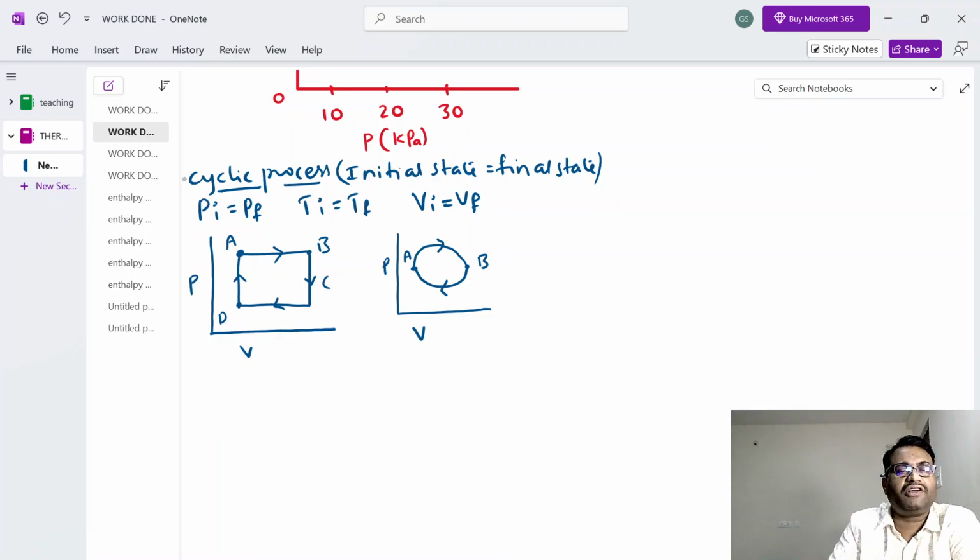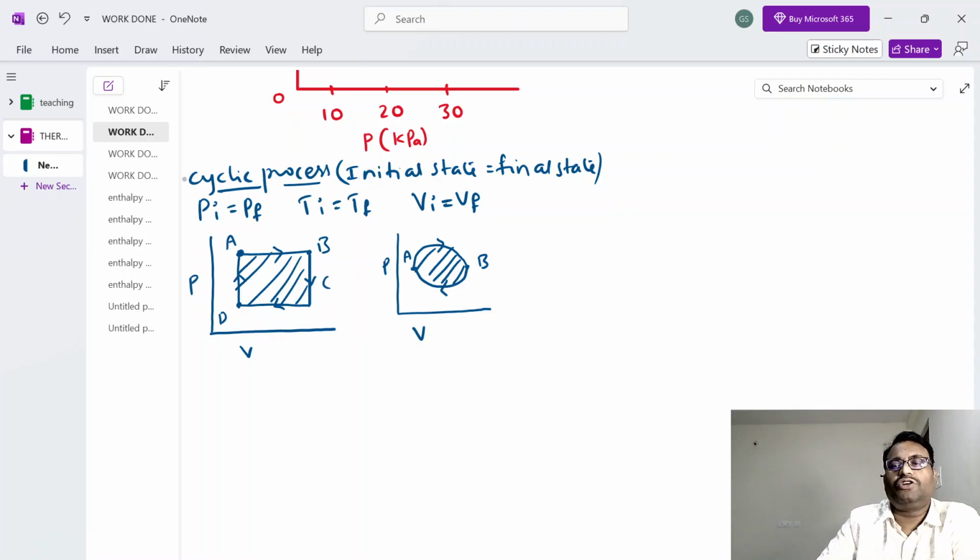There will be some work done because work done is a path-dependent property. So this area gives you work done under a cyclic process. Here also this area gives you work done. So work done can be calculated by calculating the area under the PV graph.